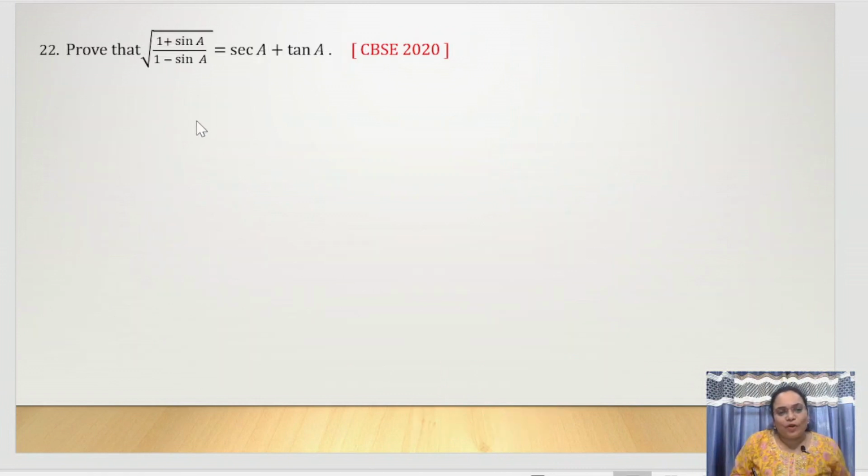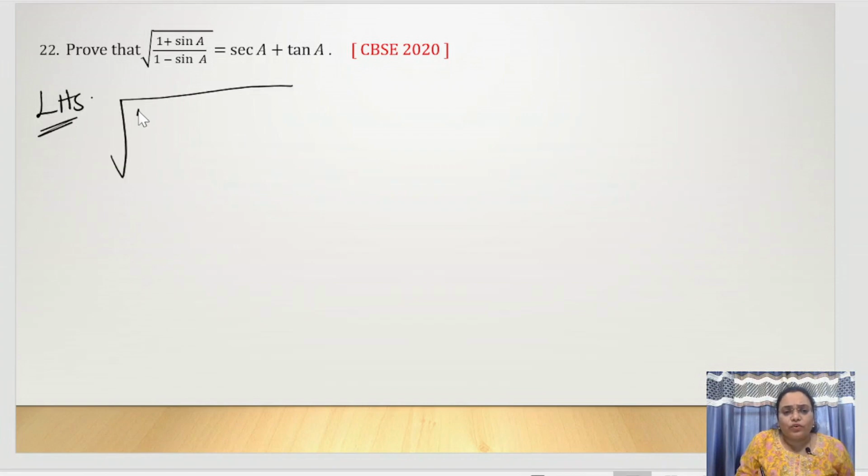So let us do the next problem. Prove that square root of (1 plus sine A by 1 minus sine A) is equal to secant A plus tan A. So let us take the LHS first. We have square root of (1 plus sine A divided by 1 minus sine A). Okay. So if we want to remove the root, what we need to do, if we have square, we can cancel the roots, right? So to get the square, we will rationalize it.